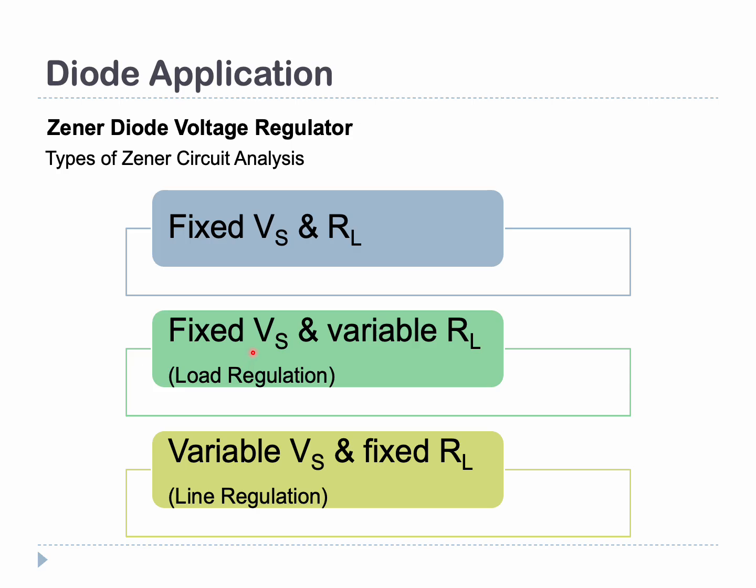The second type is when your voltage source Vs is fixed, however the load resistance value is in variable conditions. It means that your load resistance is not fixed and has a range of resistance values.